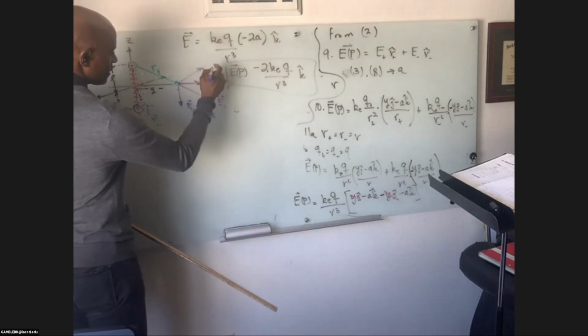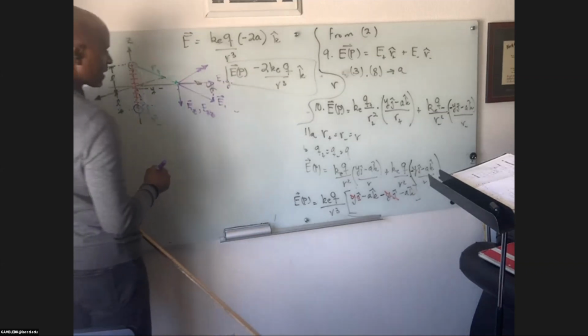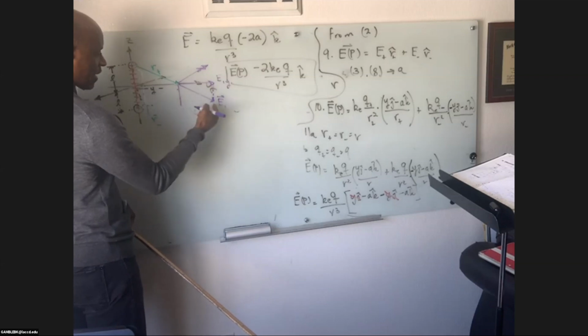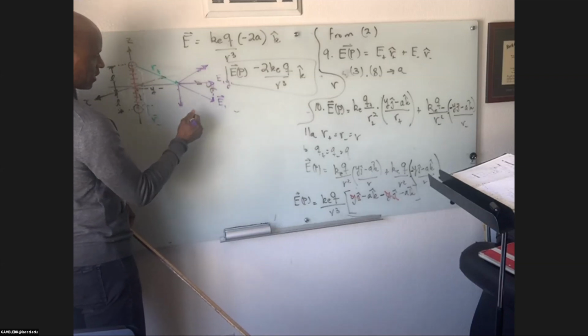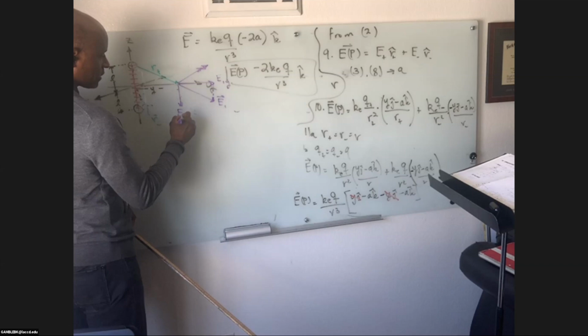So now I still have symmetry, but my symmetry has shifted. That is, it's the z-axis that actually cancels and my summation is going to be along the y-axis. So I'm going to have a field pointing for this vector E1. I'll still have E1y and E1z.